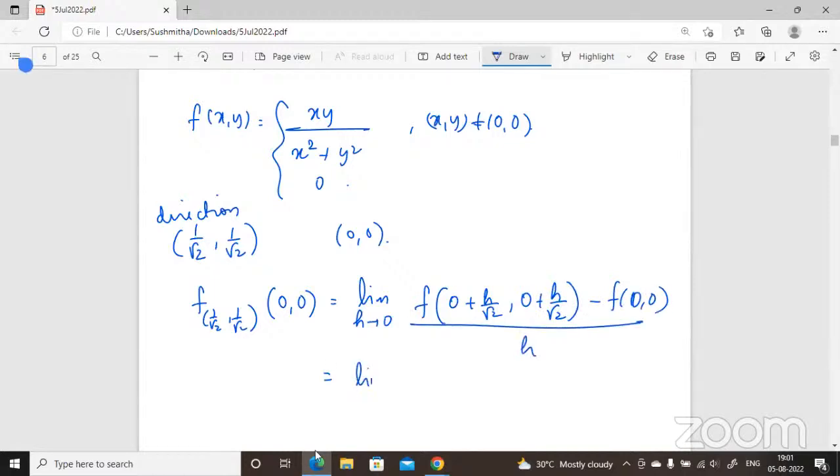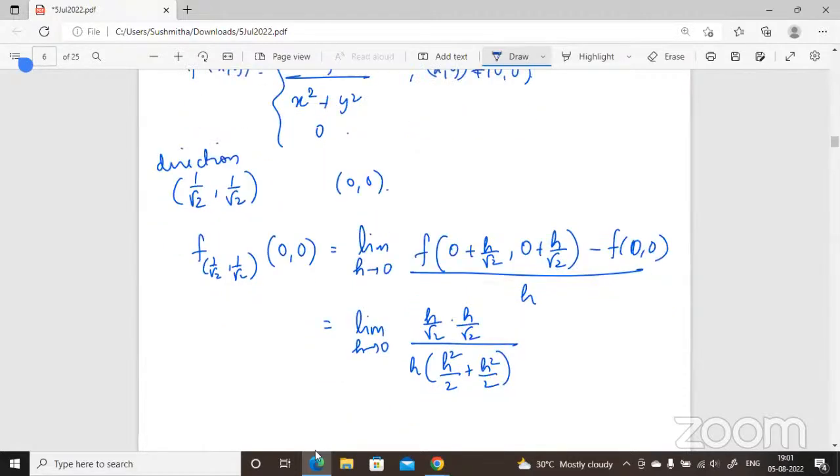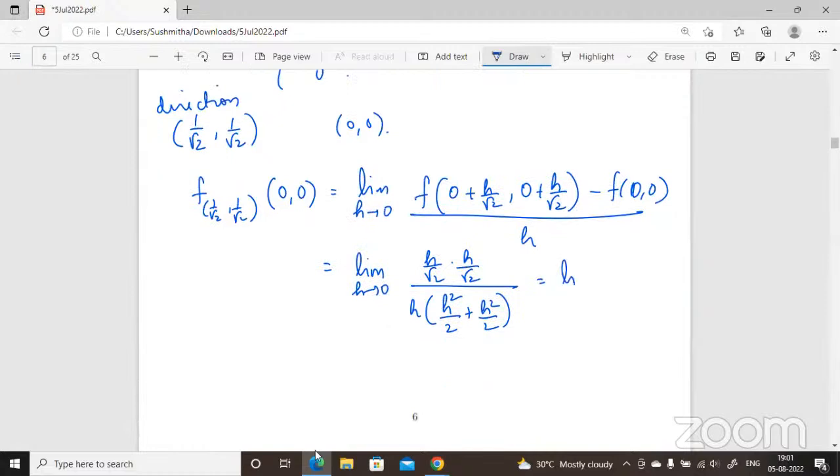So limit h goes to 0, f of h by root 2, h by root 2, that h I'll keep as it is, and then we have h squared by 2 plus h squared by 2. f of 0, 0 is 0. So this is limit h goes to 0, h squared by 2 by h into h squared. So this limit does not exist, right?